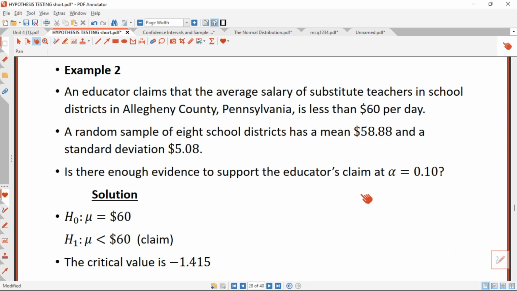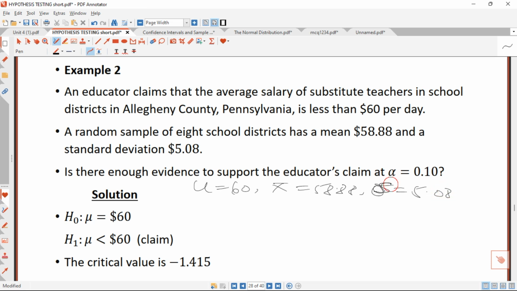So we are having this one here, and then let's jot our parameters down. So here we are having our population mean to be 60, and then our sample mean to be 58.8, and then our standard deviation to be 5.08.